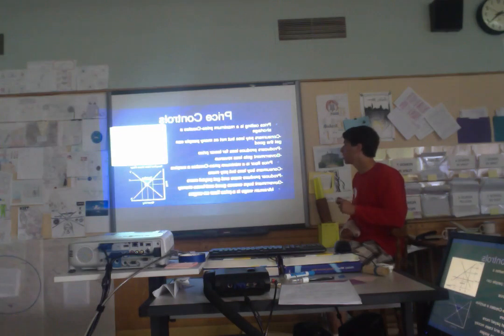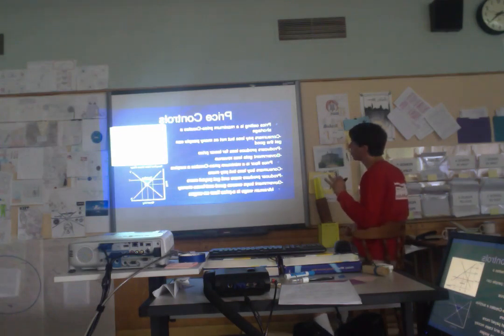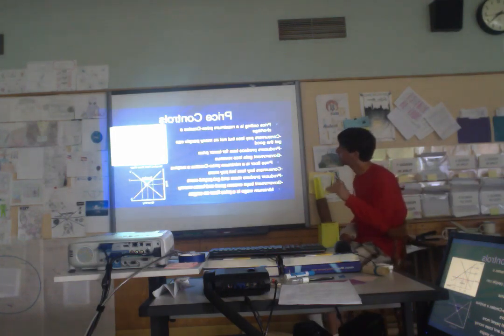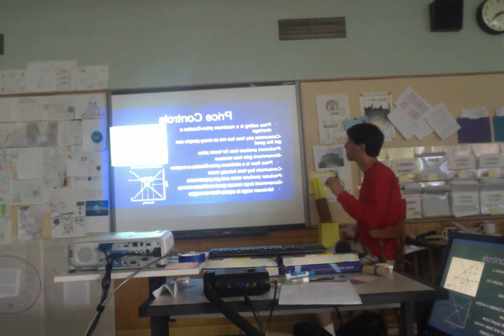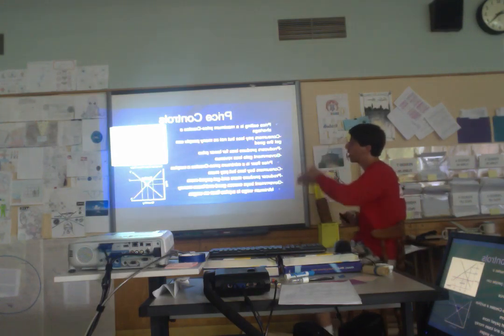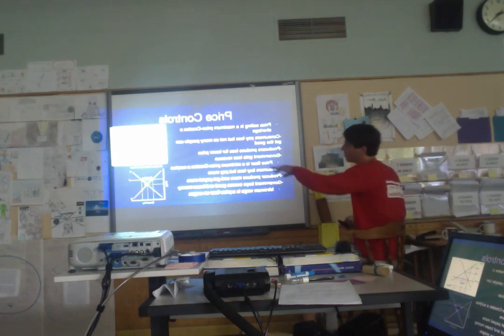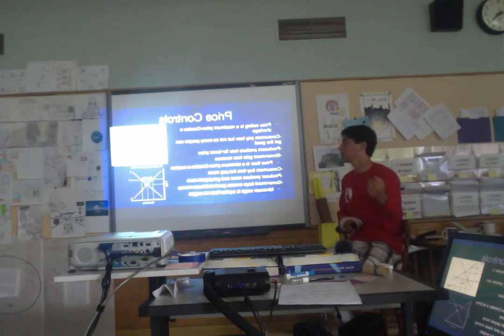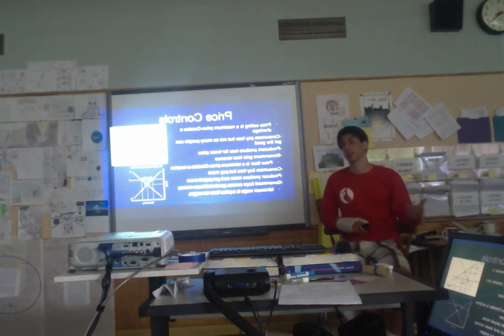And the last one is price control. So there are 2 kinds of price controls. There are price ceilings and price floors. A price ceiling is a maximum price that creates a shortage. And it creates a shortage because if you look at the supply and demand graph, if you set a price below the equilibrium, the demand is going to be greater than the supply, and so there's going to be a shortage of supply and excess of demand.